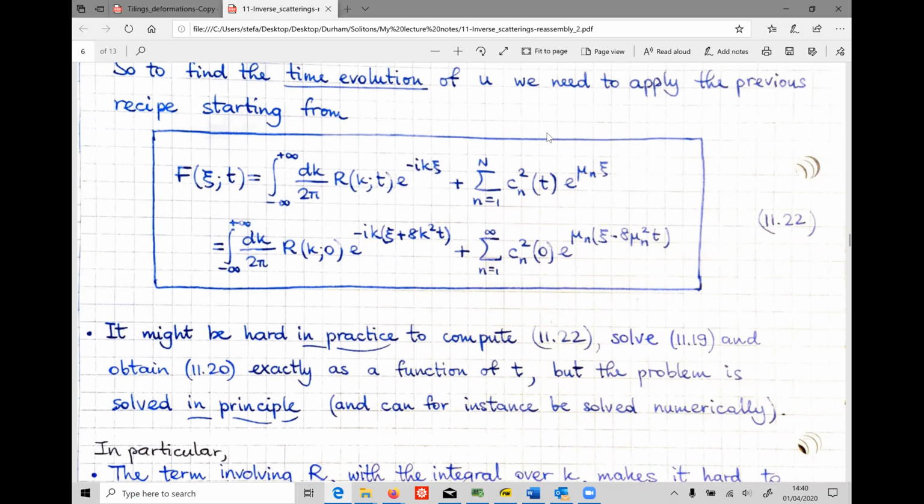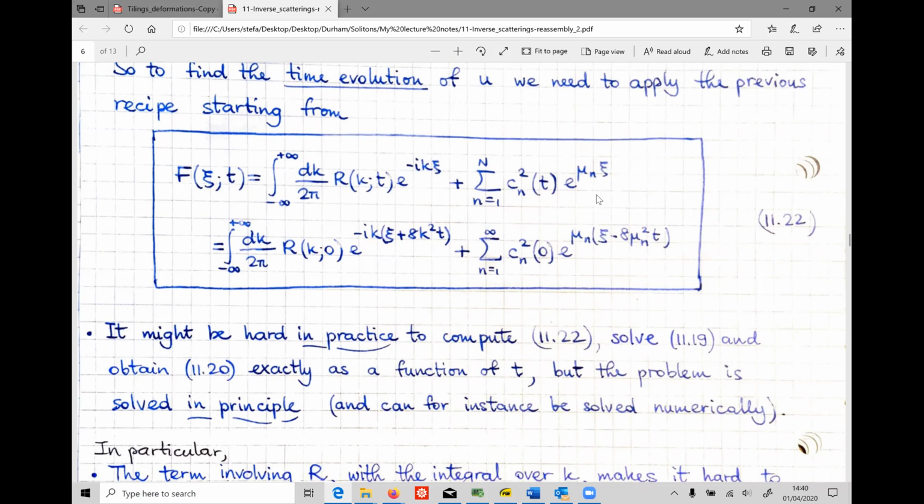And similarly here we have the discrete part of the spectrum, and you see that now we have a sum instead of an integral, but that's just because k is now equal to i mu, and mu only takes discrete values.